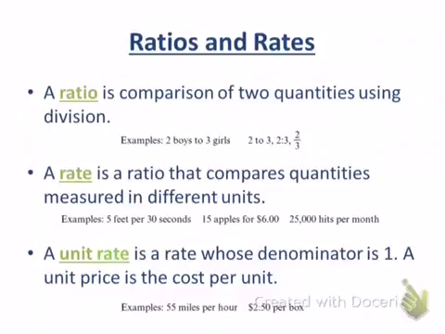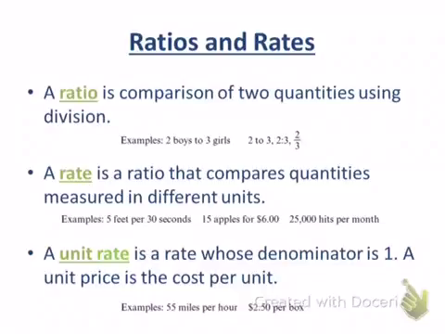If we're trying to compare rates, 600 miles per 10 hours compared to 130 miles per 2 hours, which one is faster? 130 miles per 2 hours is 65 miles per 1 hour, and the other one is 60 miles per 1 hour. So we can make unit comparisons.